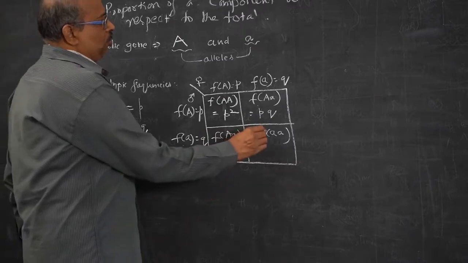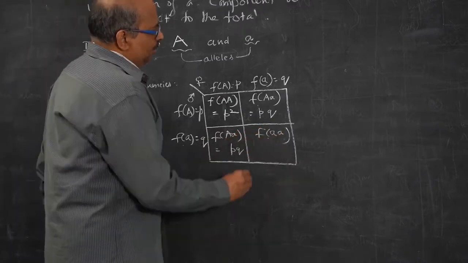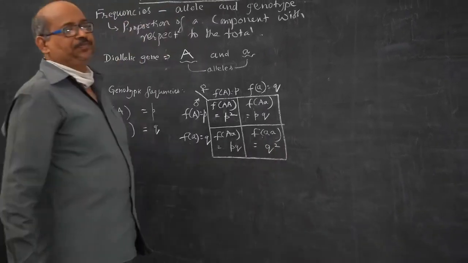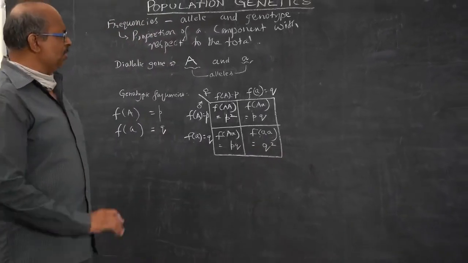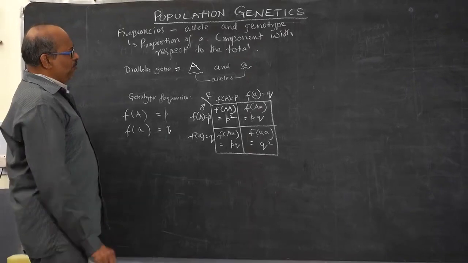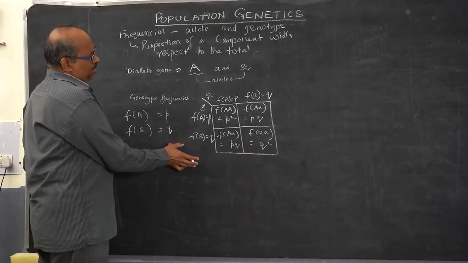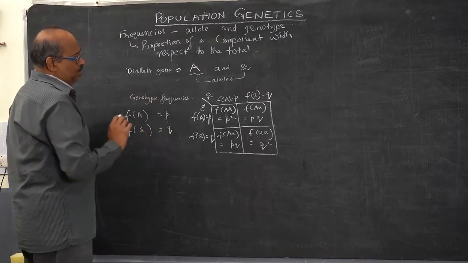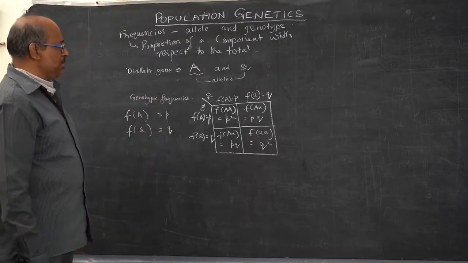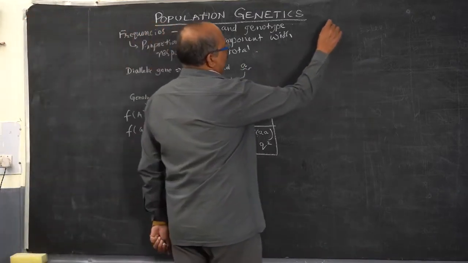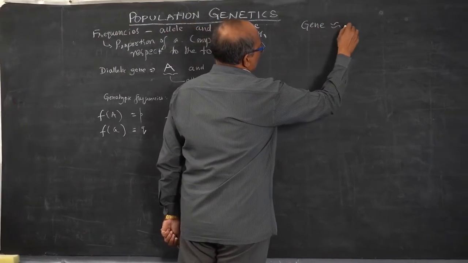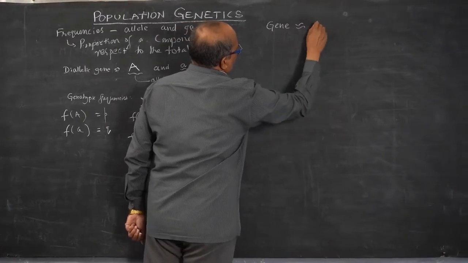Here we have two recessive alleles, so the frequency of that will be Q square. So what we have done essentially is we found out the frequencies in terms of the genotype and we assigned the frequencies in terms of the alleles or genes. Remember, in population genetics, the term gene is synonymous with allele.